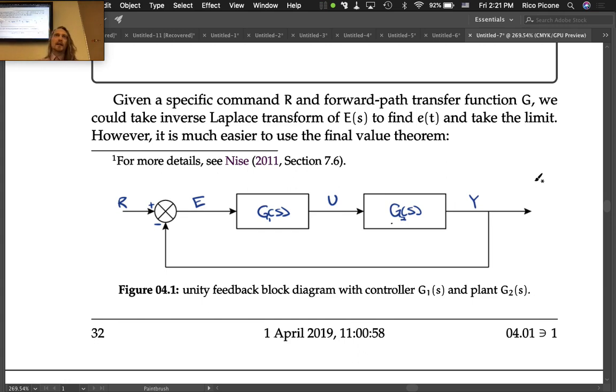Okay, so that's our standard feedback. What made it the unity feedback loop? You said no function in the feedback? Unity feedback means there's no transfer function in here. There's no block in here. So we can always transform a non-unity feedback system to a unity feedback system, which is why we're just going to consider unity feedback ones. And if we have non-unity feedback, we can transform it to look like this. So G1 is the controller, G2 is the plant.